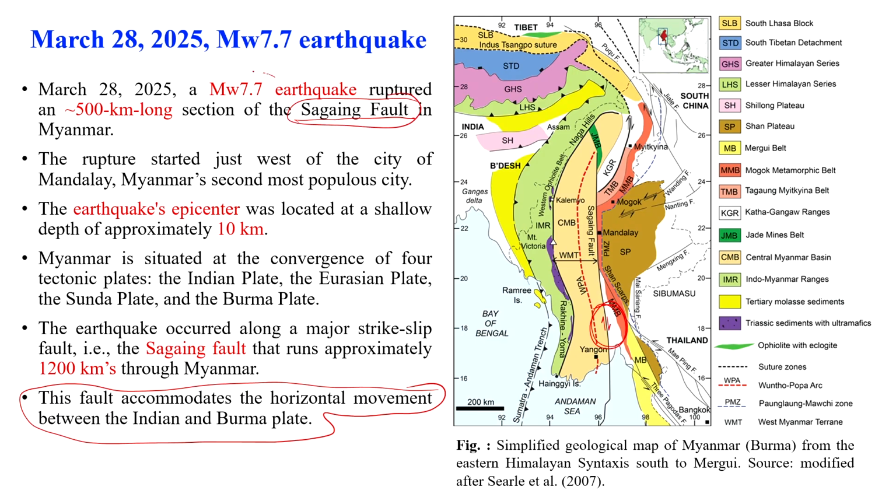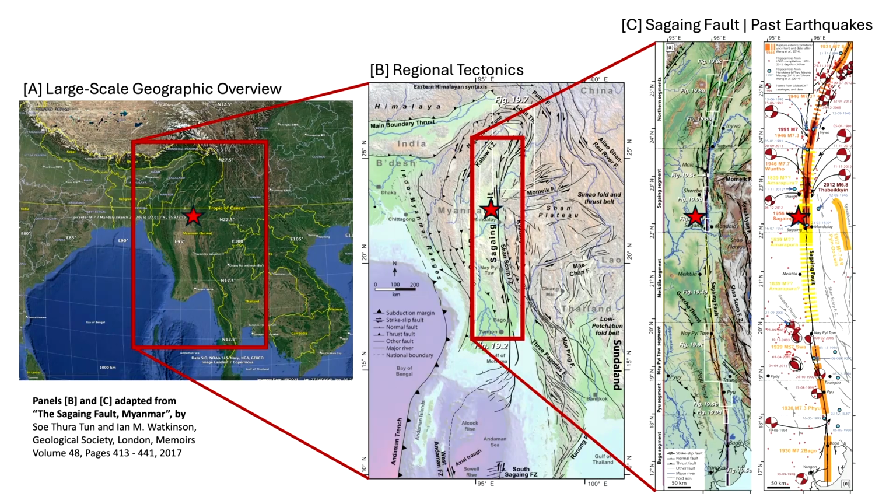So the magnitude was 7.7 and the rupture was almost 500 kilometers, and the epicenter was located at a shallow depth of 10 kilometers. It was not very deep, but it was very damaging.